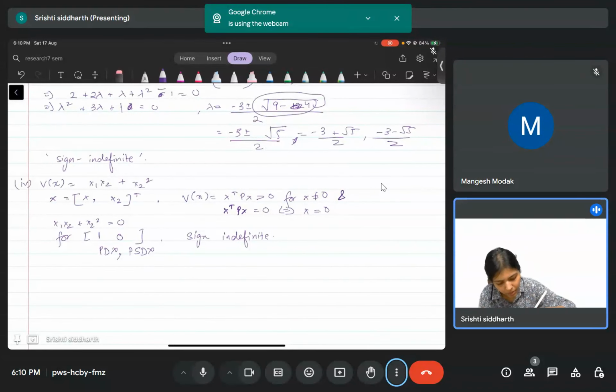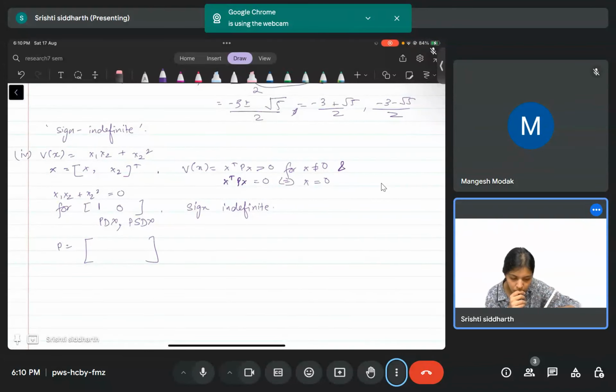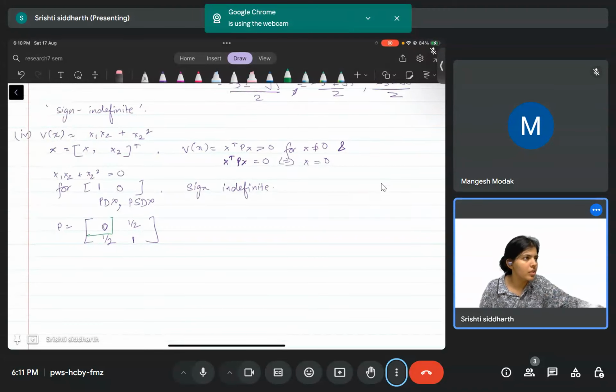You can also come to the P matrix, and x2 squared has no component for x1 squared, and this is going to be half. So you can just observe that the first number is 0.